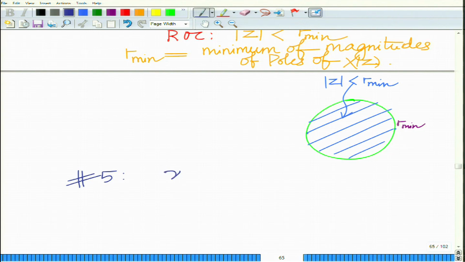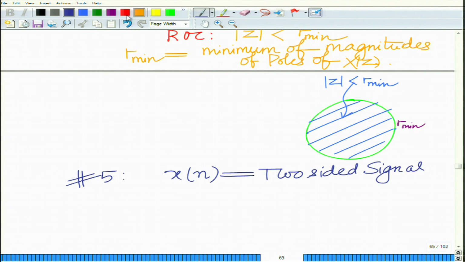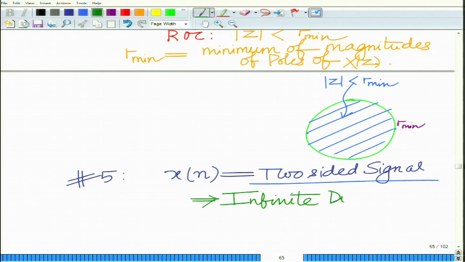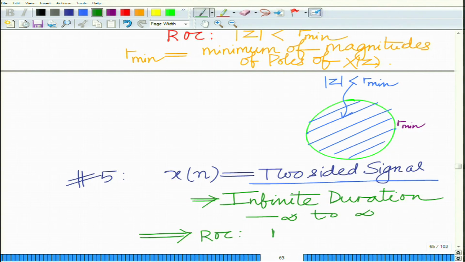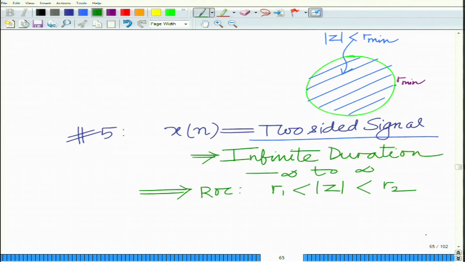And finally, if x[n] is a two sided signal, that is, of infinite duration from minus infinity to infinity, then this implies that the ROC is of the form R1 less than magnitude of z less than R2.